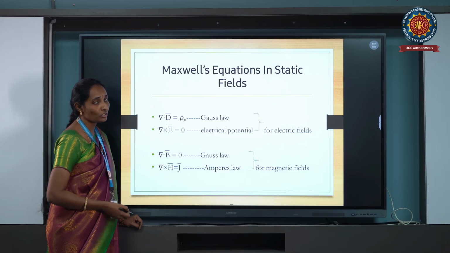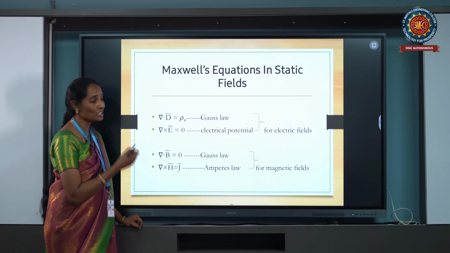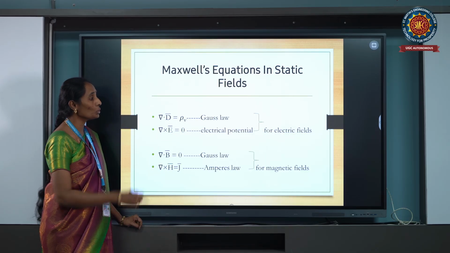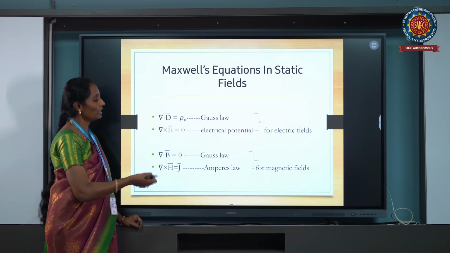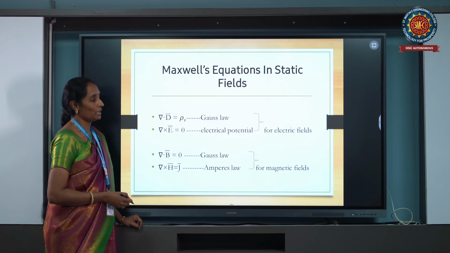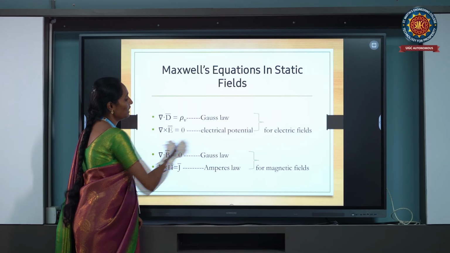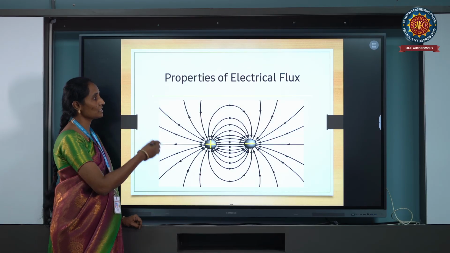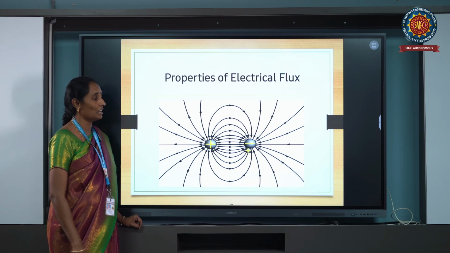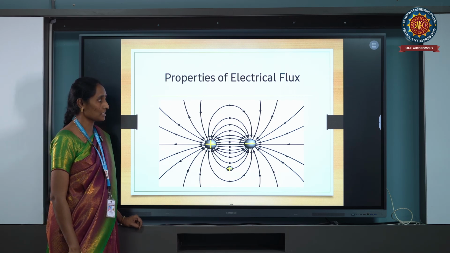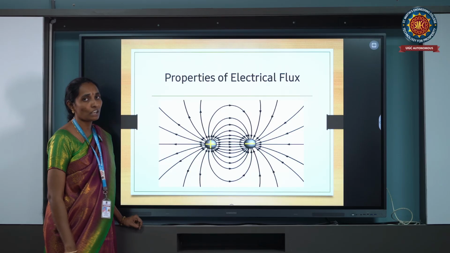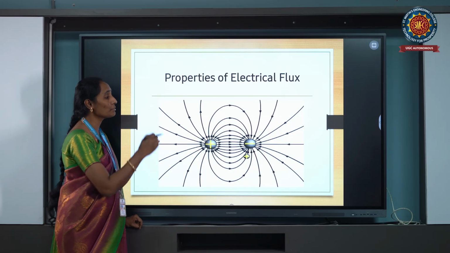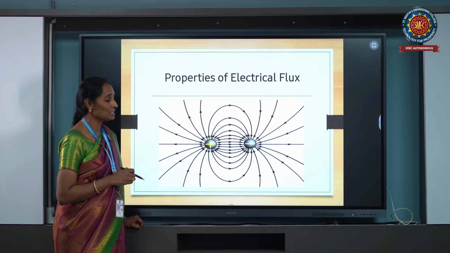Before going through these four Maxwell equations one by one, two of these equations are derived from flux properties. There are two types of flux: one is the electrical flux and the other is the magnetic flux. Flux is nothing but imaginary force lines. The electrical flux is produced due to a charge particle.